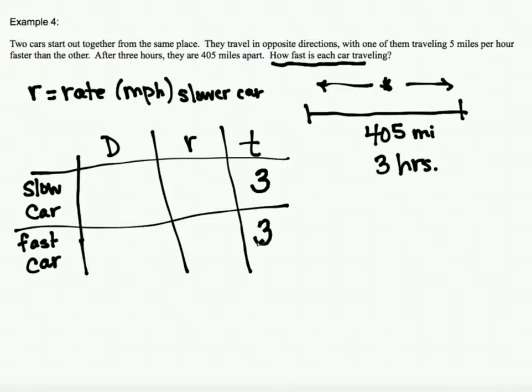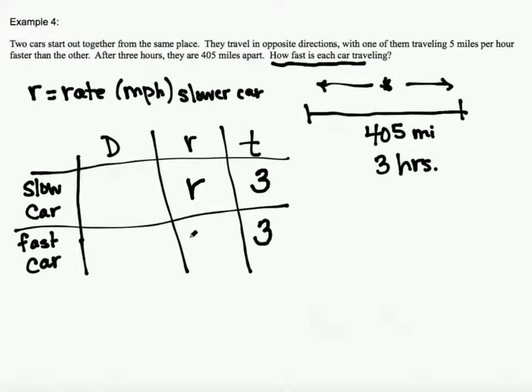So since I have my T column filled in nicely, I know that my rate is going to use that variable. I know that the slow car is traveling at R miles per hour. We know from the problem that one of the cars is traveling 5 miles per hour faster.